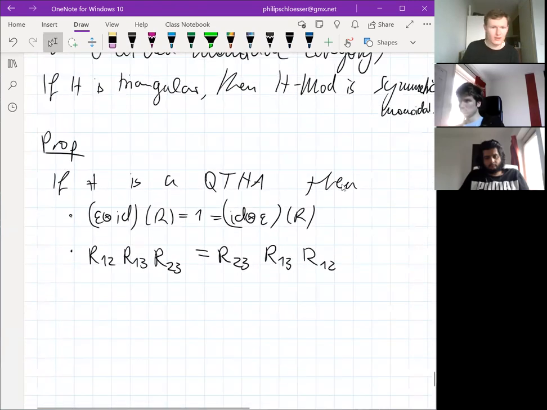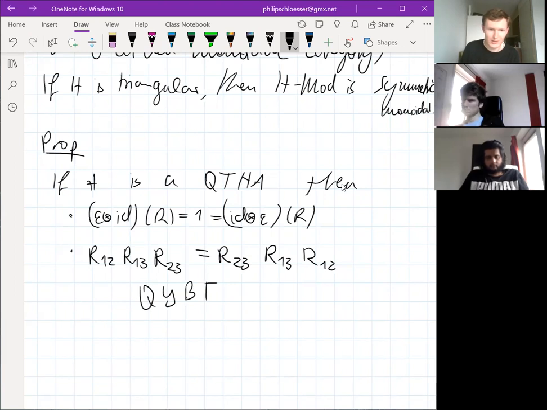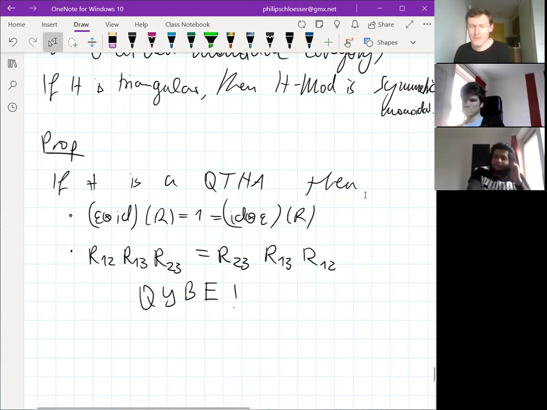And this very important equation is called the quantum Yang-Baxter equation, or QYBE. I think this is what Shuvendu's working on. Yeah, exactly that.